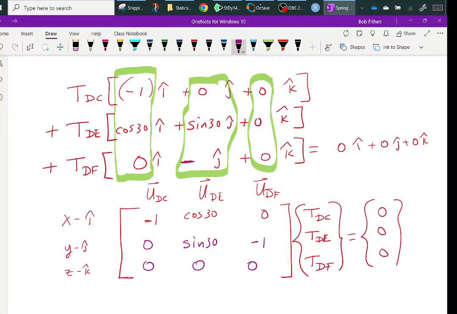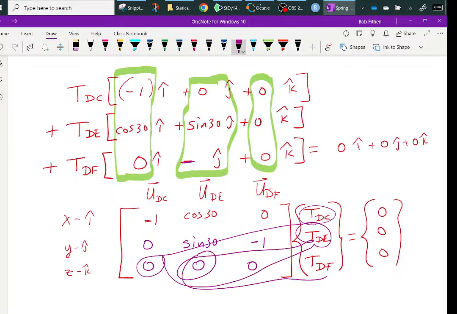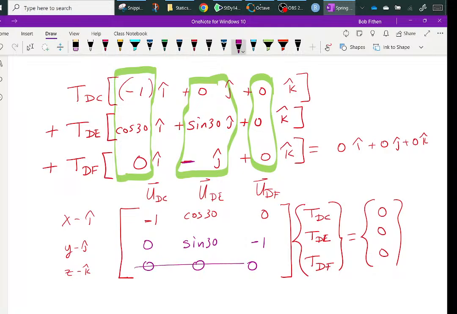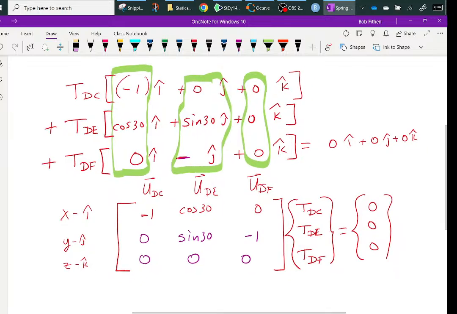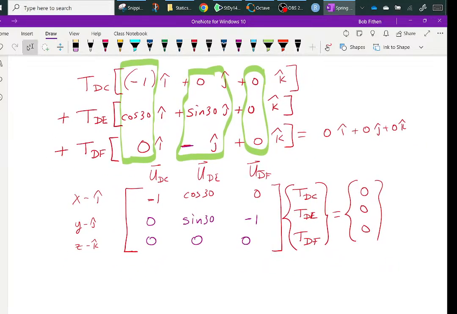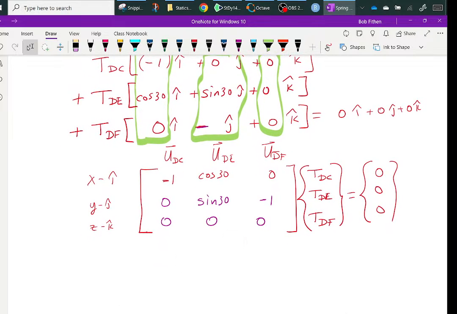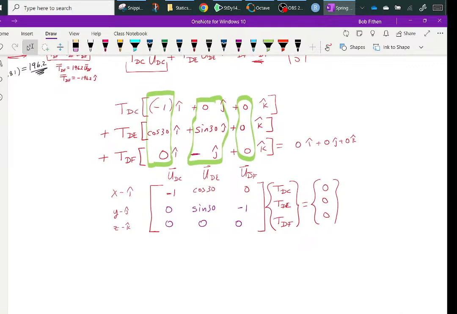So the last equation is T_DC times 0 plus T_DE times 0 plus T_DF times 0 is equal to 0. So for a 2D problem, usually you don't even list that. But I did it for this in general, and it's okay that it's there. But this is a two-dimensional problem, so you don't need that. But in the next section, you'll see that you kind of do.